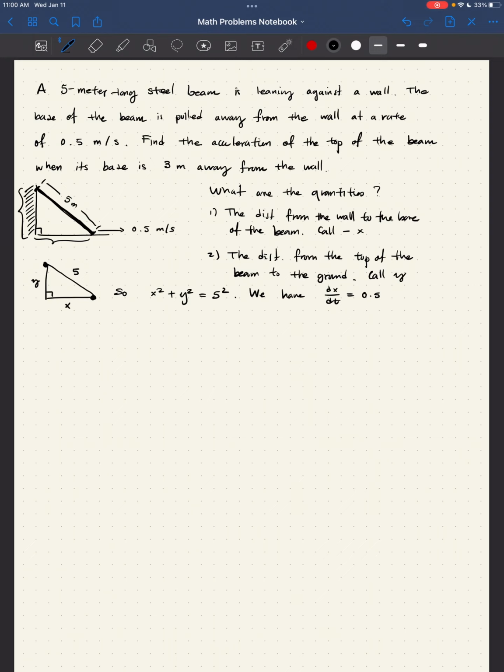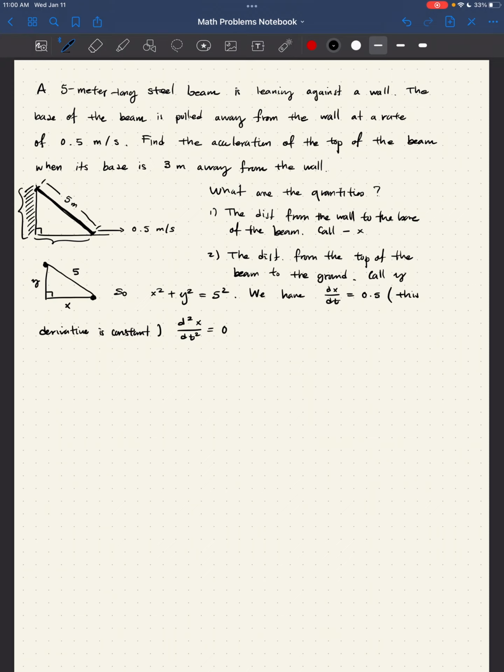So this is constant. That means that the second derivative of x with respect to t is equal to 0. Okay, this might be useful later as we compute things.